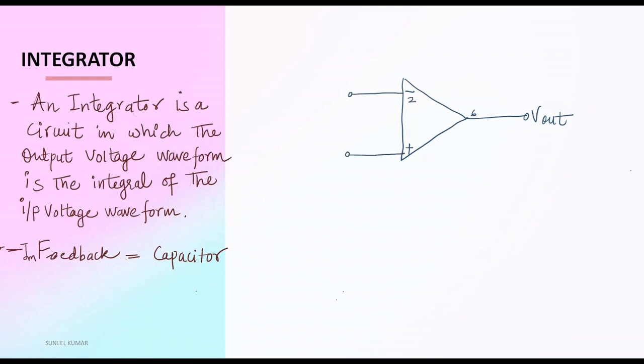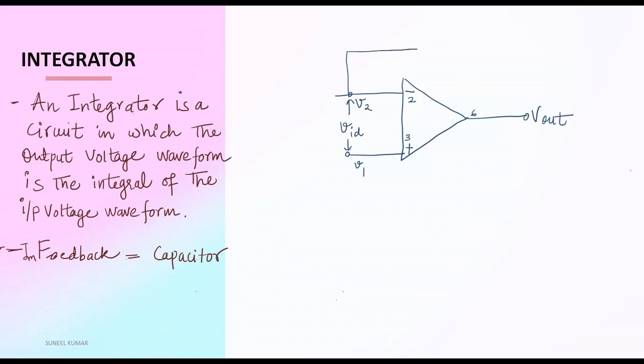Let's say this is pin number 2 and this is pin number 3. This is the voltage V1, non-inverting, and V2 is inverting, and the op-amp will amplify the difference of these two signals. And we will use a feedback here.